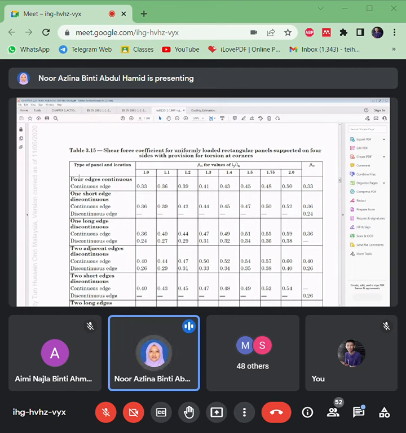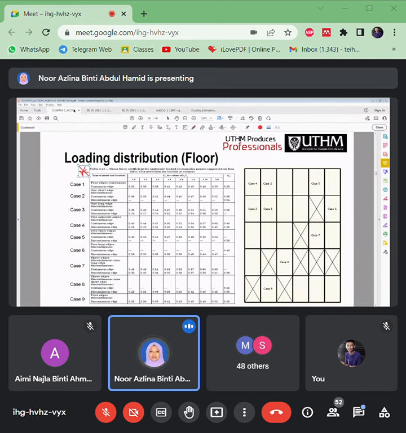This table is very important. Look here, there's a beta Vx. Remember, beta Vx is the coefficient for trapeziums. Beta Vy is the coefficient for triangles. So draw the diagram on your table, in your BS. Make it larger.